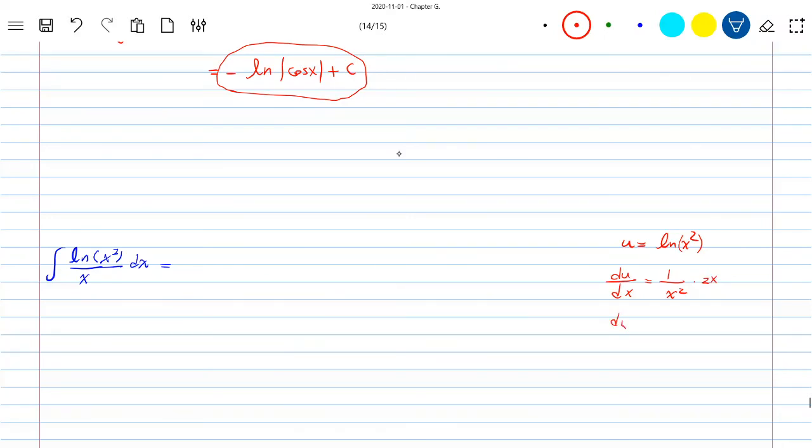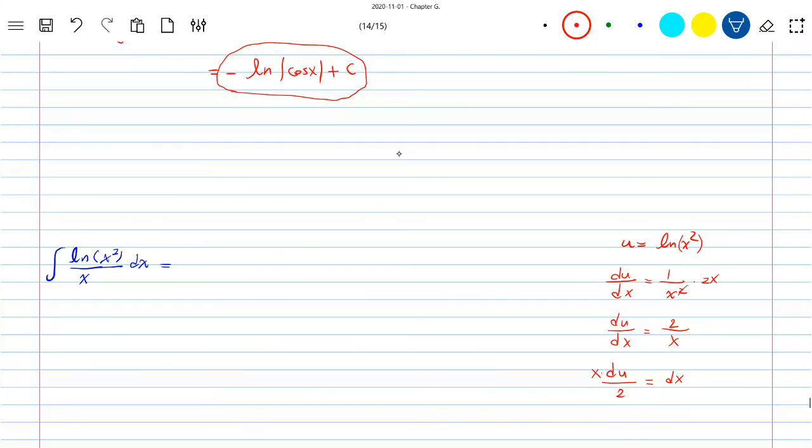So du over dx simplifies to 2 divided by x. You can cancel out one of the x's. Then you end up with x divided by 2 du equals dx.